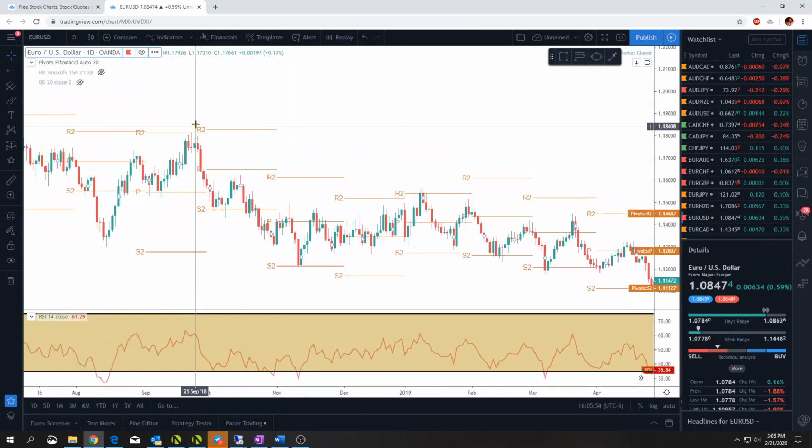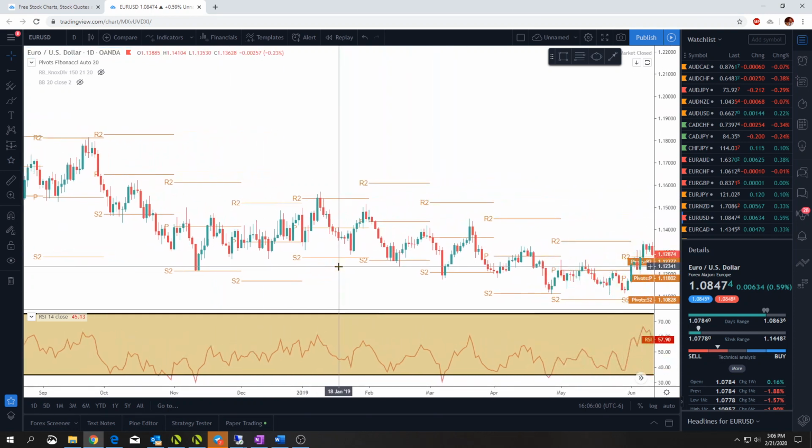Let's see. Hit R2, down. Hit R2, down. So what I want to show you guys, and this is just one pair, these S2s and R2s are great entry points to trade counter trend.